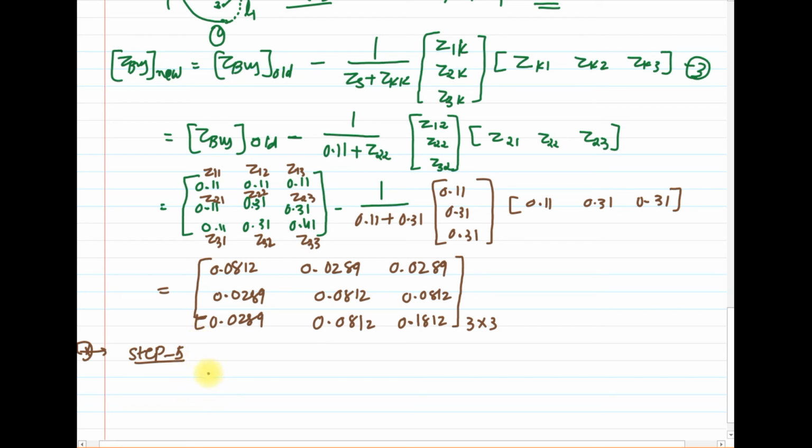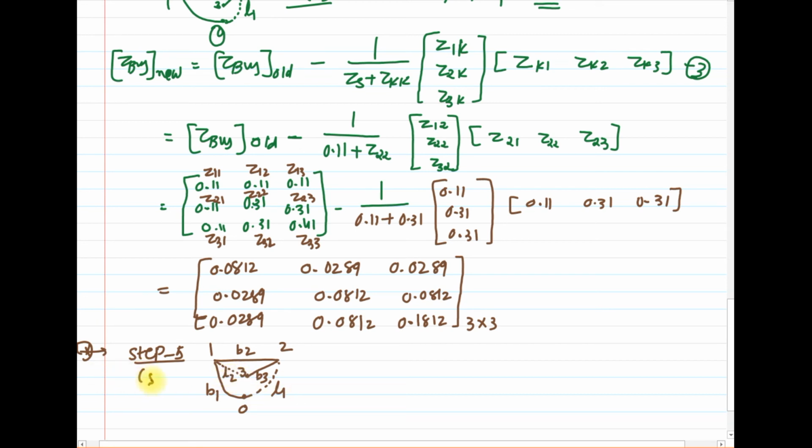So I will draw the network: 1, 2, bus number 0, 3, here it is L1, B1, B2, B3. Now this is your last element, which is connected between bus number 1 and 3, L2.